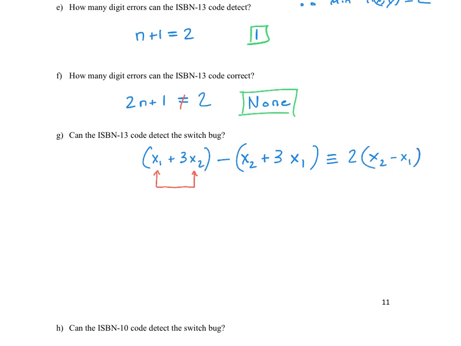So is it possible for that result to be 0 in mod 10? Well, it certainly is, because 2 times 5, for example, is 0 in mod 10. So if you take any example that has x2 and x1 differing by 5, you're going to notice that the ISBN 13 cannot detect the switch bug.